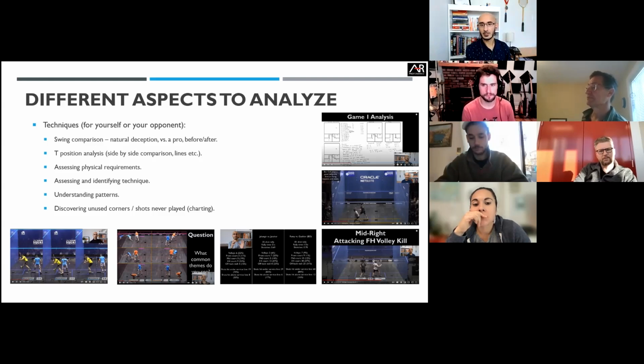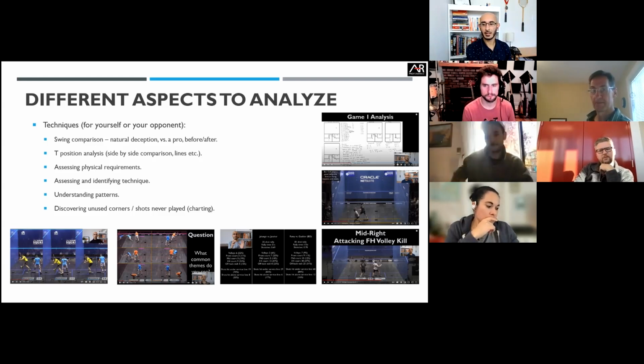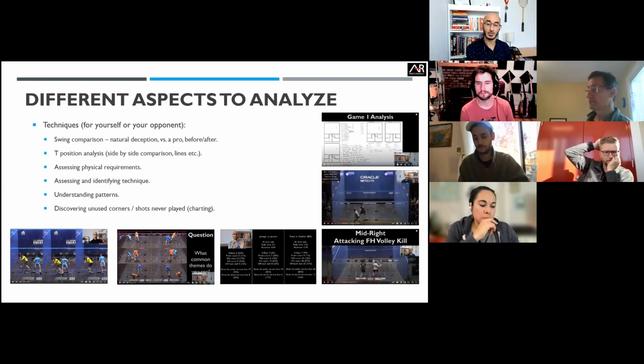I color coded it. So, for example, if there's anything near the left service box, it might be red or green. If it's red, that means they hit an error from there. If it's green, they hit a winner from there. So now you start seeing, okay, whoa, all of a sudden you hit 3 volley drop errors on the backhand, all from the service box. Well, why did that happen? Were you rushing it? Were you not in the right position? Was your technique a little bit off? Like, what's going on?